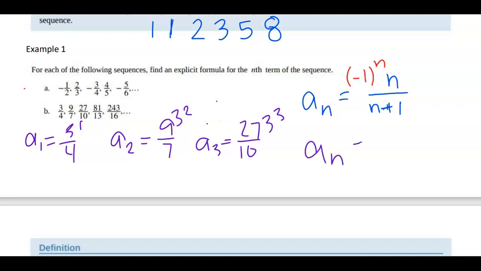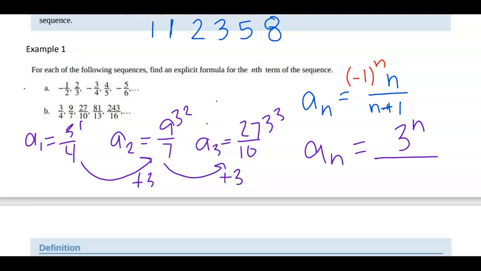So I'm going to say AN must be 3 to the n. Now on the bottom, I'm noticing that I'm adding 3 each time.